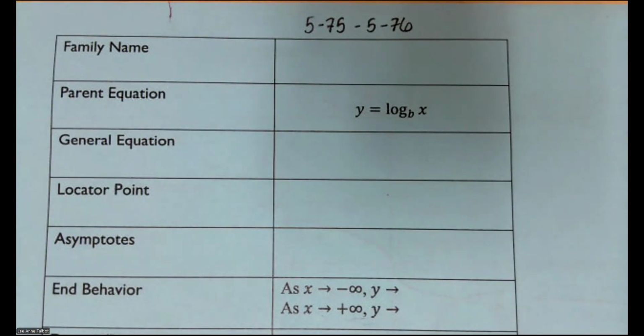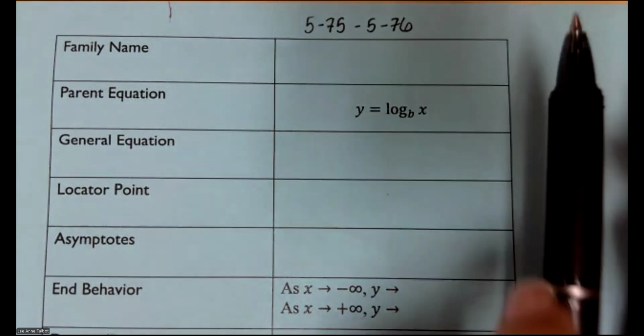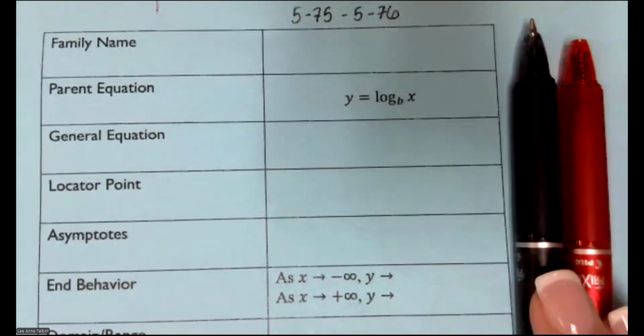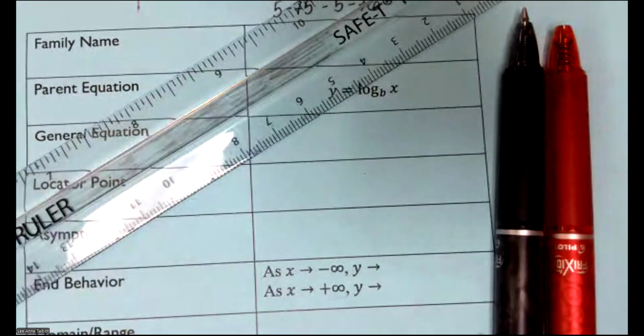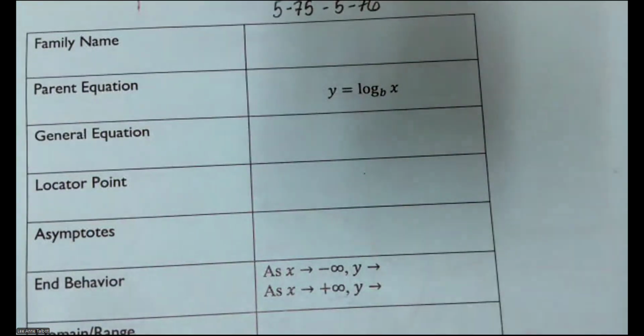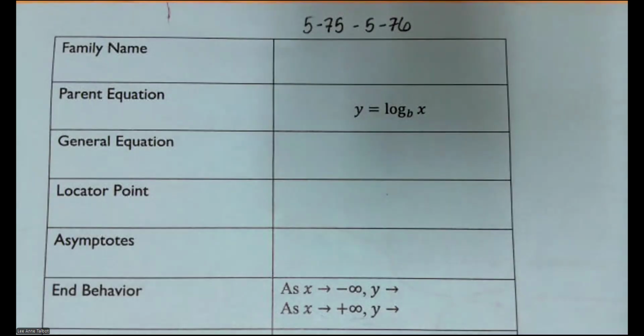Okay, now if you remember from our previous work on the blue sheets, I used black pen, red pen, and a straight edge, just to throw that out there if you want to keep your blue sheets consistent.